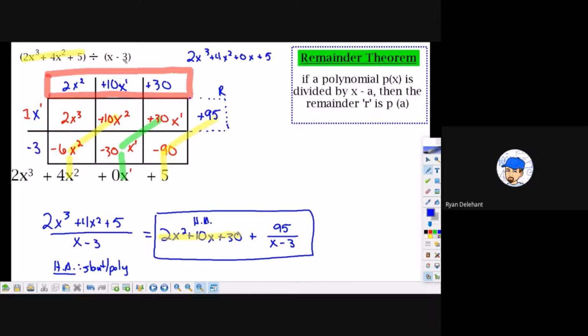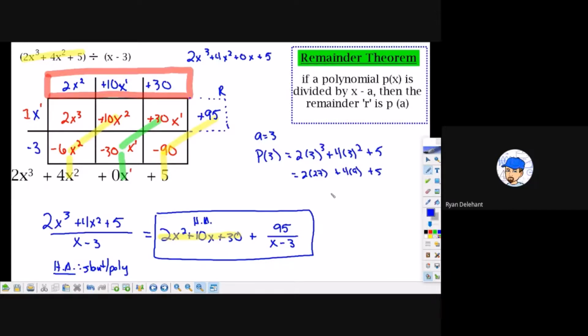So this A is positive 3. So I'm going to plug that in to this expression. 2 times 3 to the third plus 4 times 3 squared plus 5. So this is 2 times 27, 4 times 9, plus 5, right?